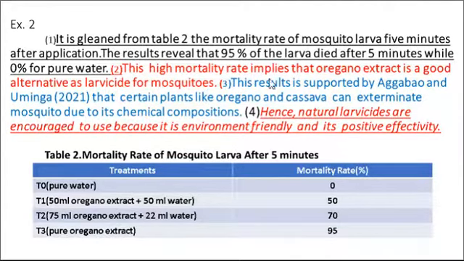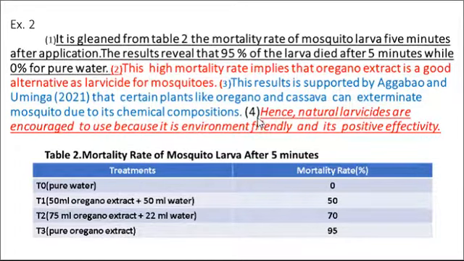Then number 3, this result is supported by Aggabaw and Uminga 2021 that certain plants like oregano and cassava can exterminate mosquito due to chemical compositions. So ito naman yung step number 3, or cross-referencing. So this one supports the result of the study.